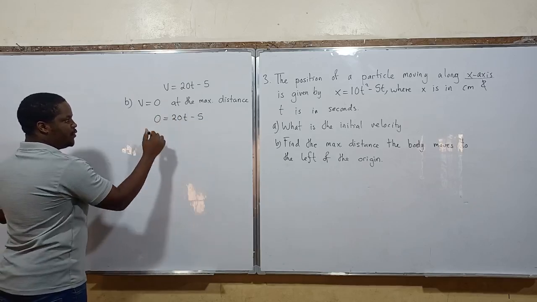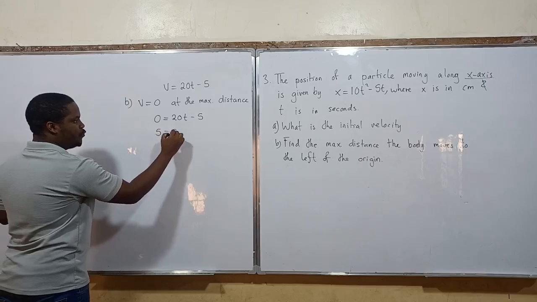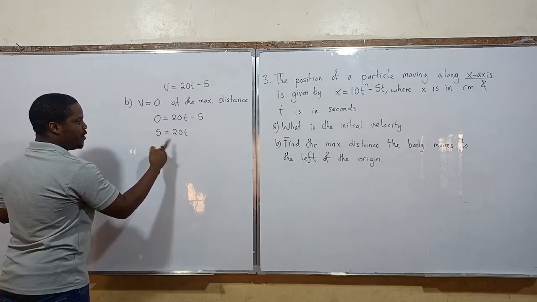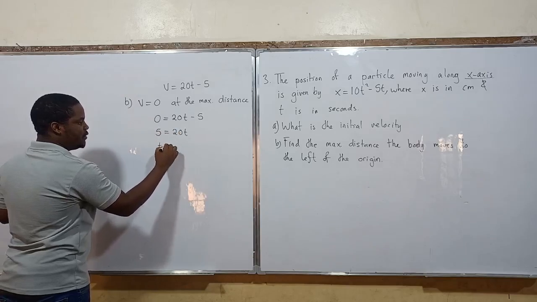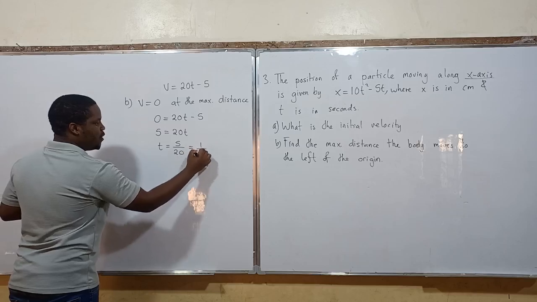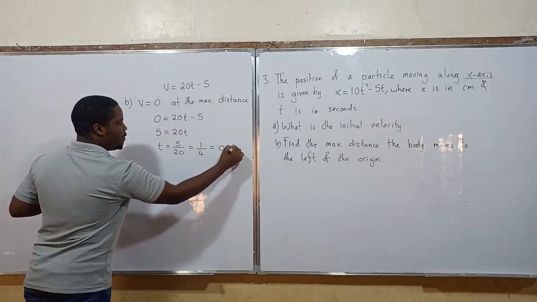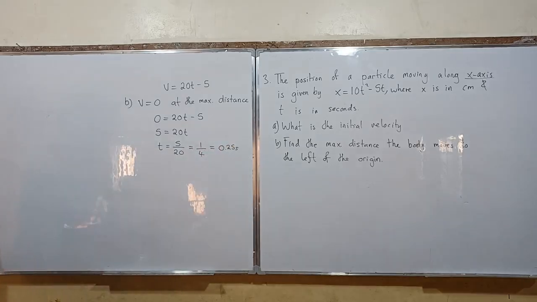So the 5 crosses over, then we have positive 5 is equal to 20t. Divide both sides by 20, hence t is equal to 5 over 20, meaning t is 1 over 4, which is the same as 0.25 seconds. So this is how long it will take to reach the maximum distance.